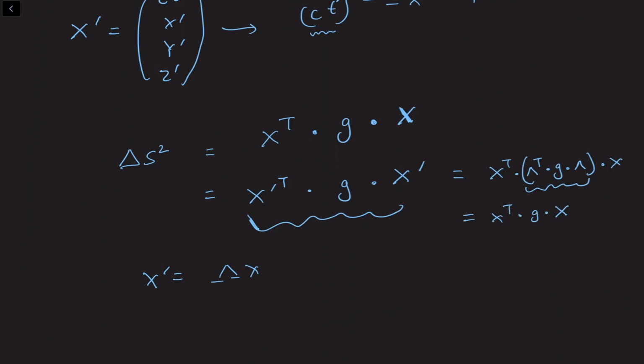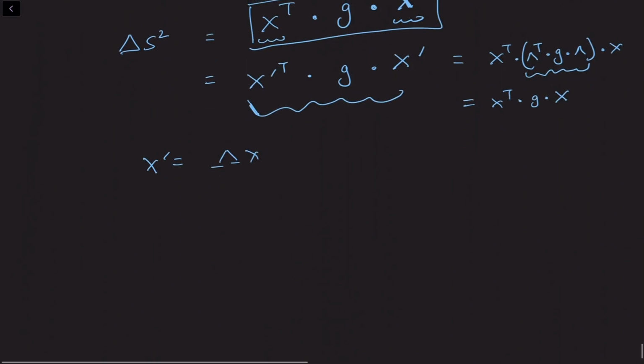So the space-time interval is indeed invariant, and one way we can see that is by constructing the dot product of x with itself. You can think of this quantity as a dot product of four vectors.